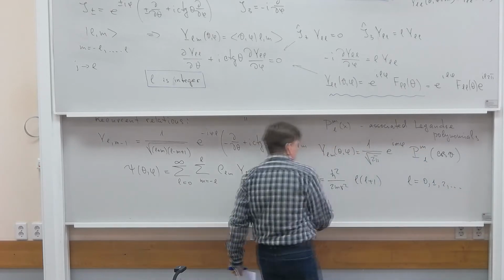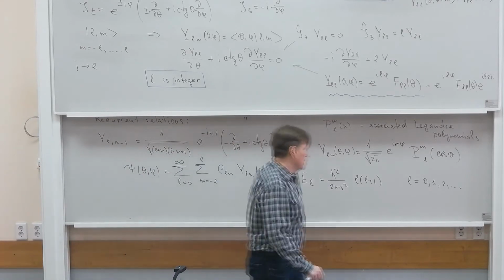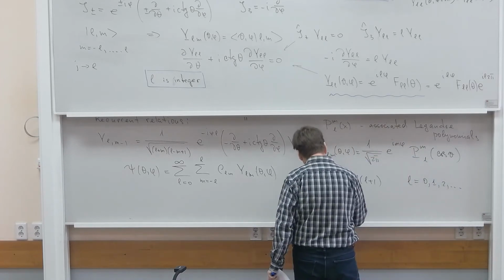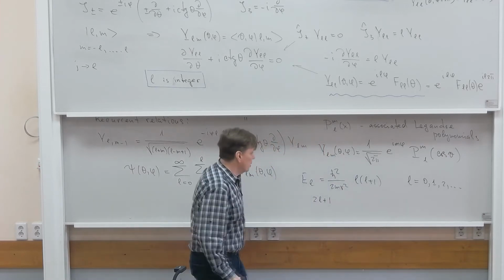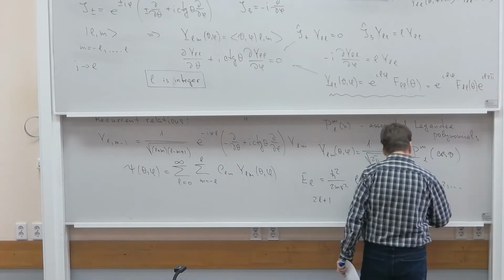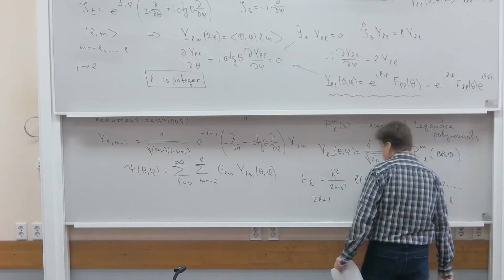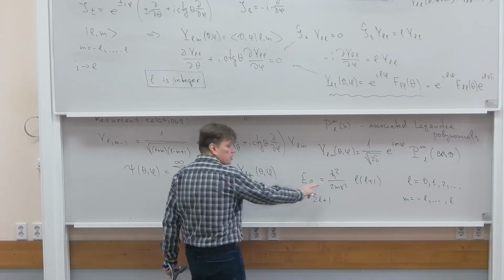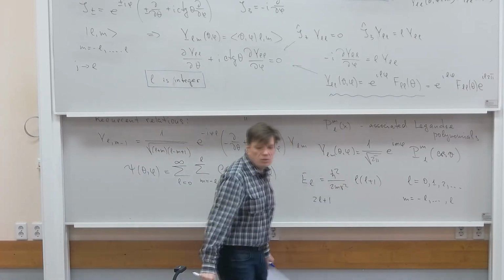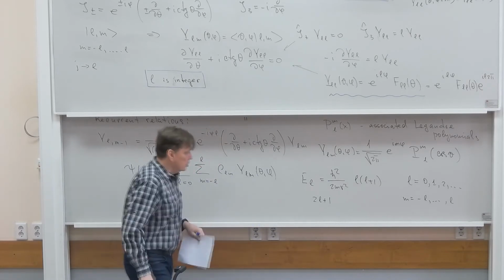So we see that each eigenvalue is degenerate, with multiplicity 2L plus 1. It is degenerate with respect to the quantum number m, because m may run from minus L to L. Only the ground state, that is the state with the minimal possible value, which corresponds to L equals 0, is non-degenerate. All the other states are degenerate.